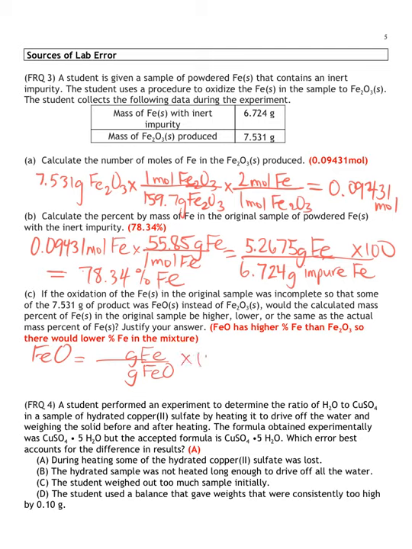And I'm going to get the percent by mass of the iron that's in there. And when I do that, there's only 1 mole of iron in iron 2 oxide, and the molar mass is 71.85. I get a percent of iron that is 77.73% iron.